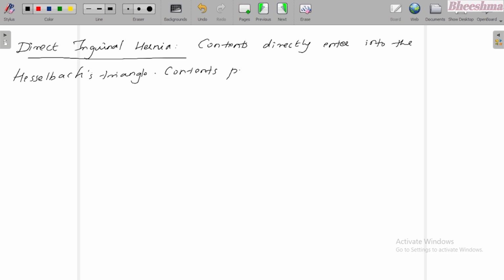Contents protrude through the posterior wall of the inguinal canal.